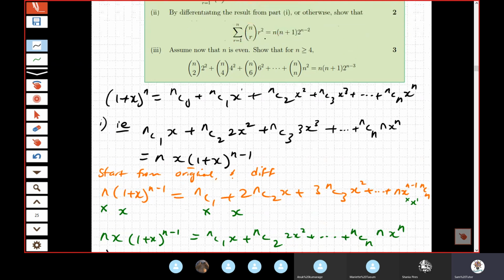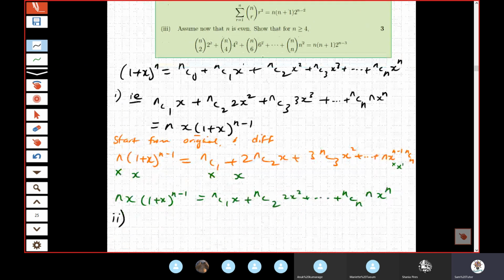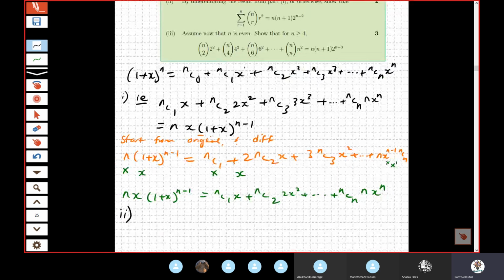All right, double I. By differentiating the result from part I, they gave that to you. Or otherwise, show this. Again, before we start, let's write down what it's saying.